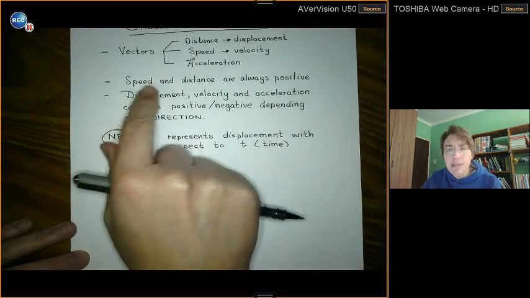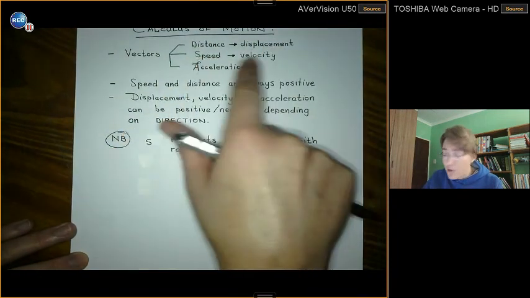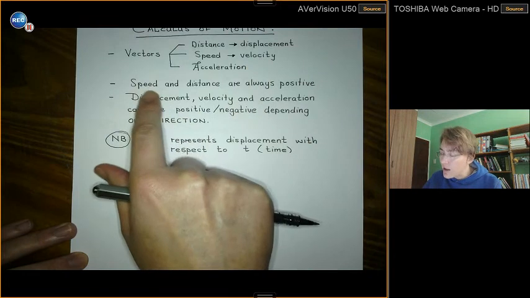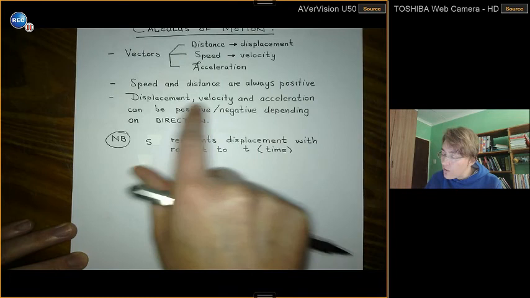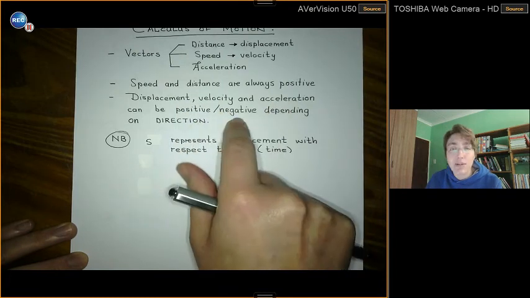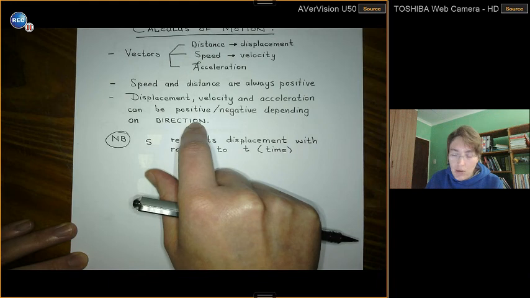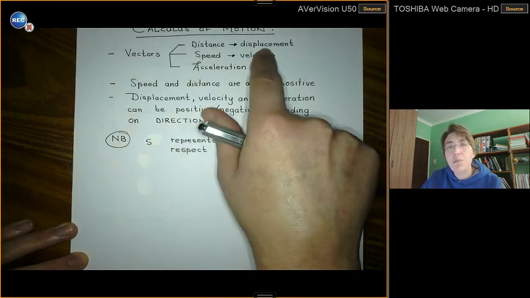Now, the biggest difference between distance, displacement, speed, and velocity has to do with the fact that speed and distance are always positive. Whereas displacement, velocity, and acceleration can be positive or negative depending on direction. That is an important thing that you need to realize: sometimes you're going to be calculating displacement and you're going to end up with a negative answer.